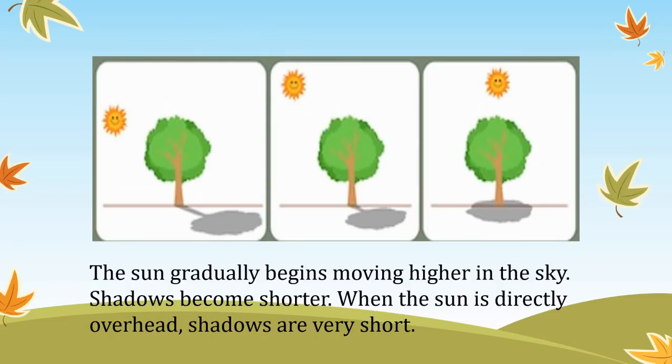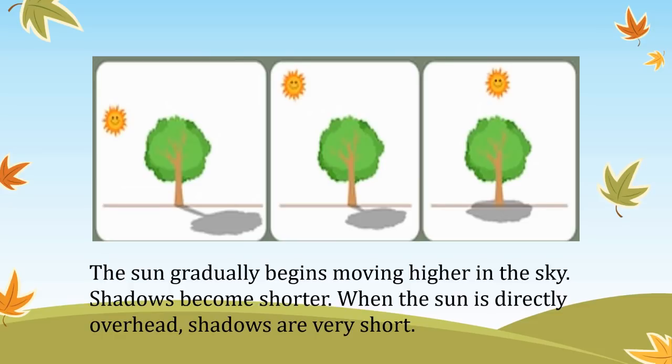So we can't look at the sun directly as it is dangerous for our eyes and we can also go blind. So as the sun is moving high in the sky from east to the west direction, when the sun comes over the head, the shadow is very short of the object.